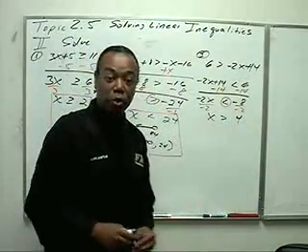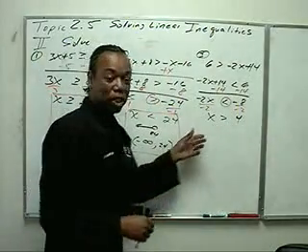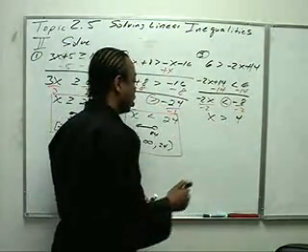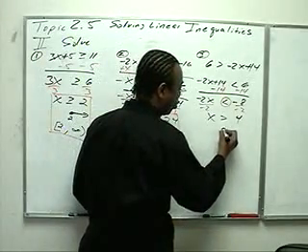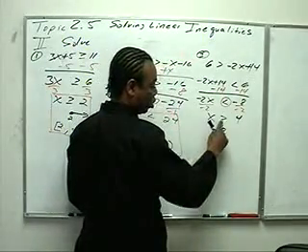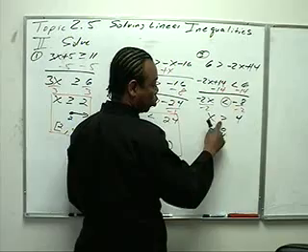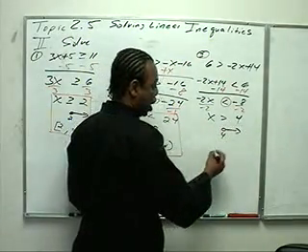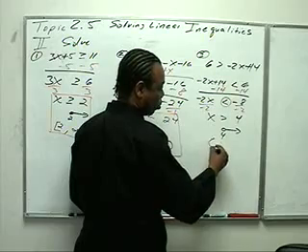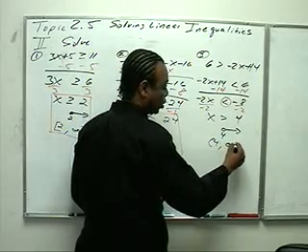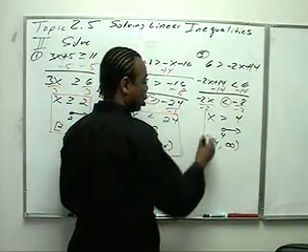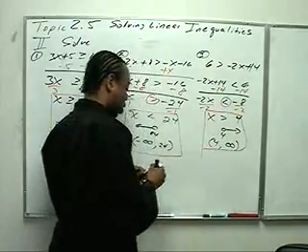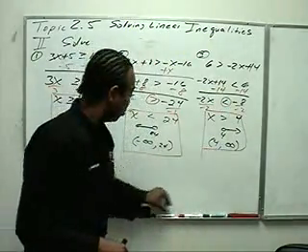And that's our set notation. The graphic would be an open circle at 4, because there's no equal sign, and this is greater than, so it'll go to the right. And the interval notation for this will be parentheses 4 to positive infinity. And those are your 4 ways of writing the same solution.